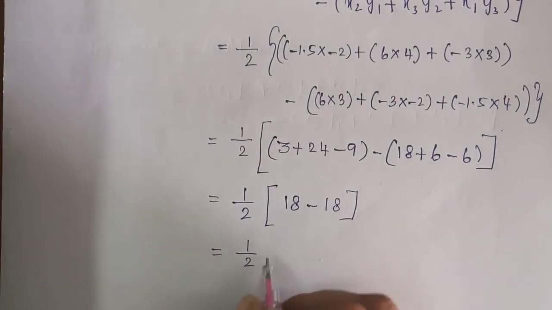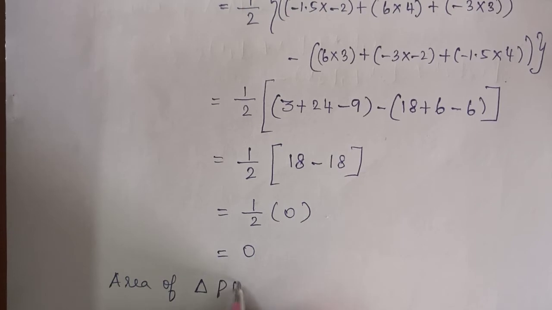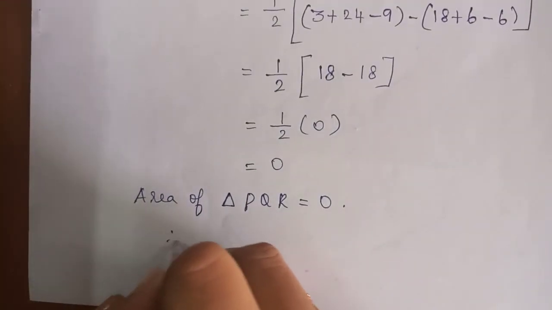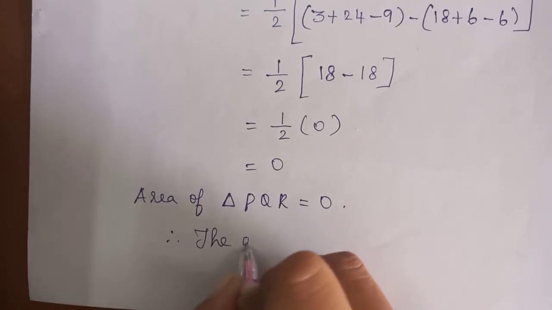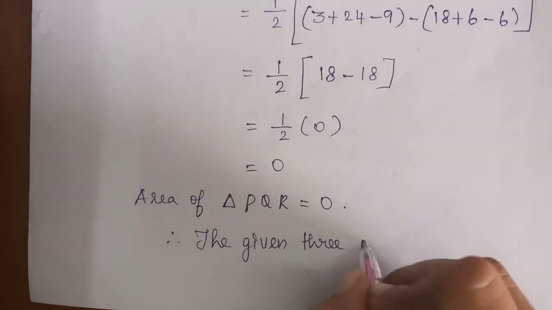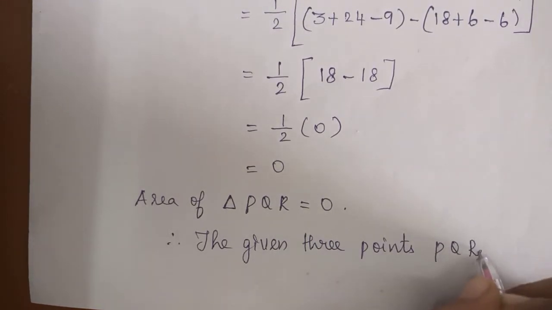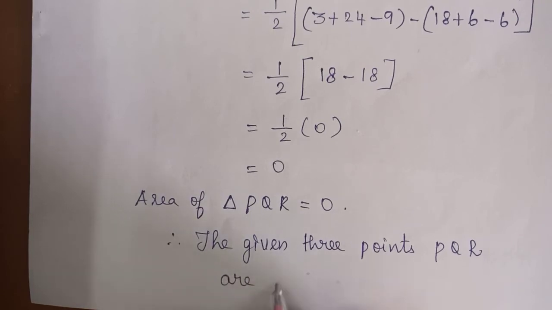So 1 by 2 into 0 is nothing but 0. Therefore area of a triangle PQR is equal to 0. Therefore the given 3 points PQR are collinear.